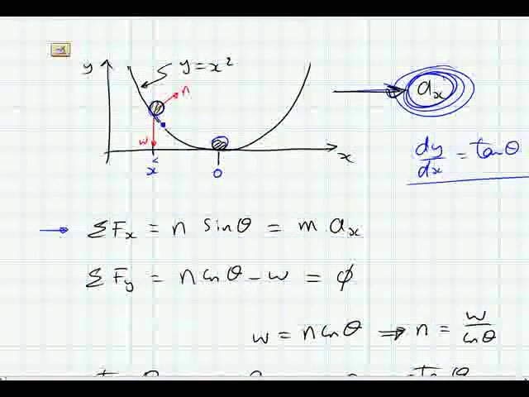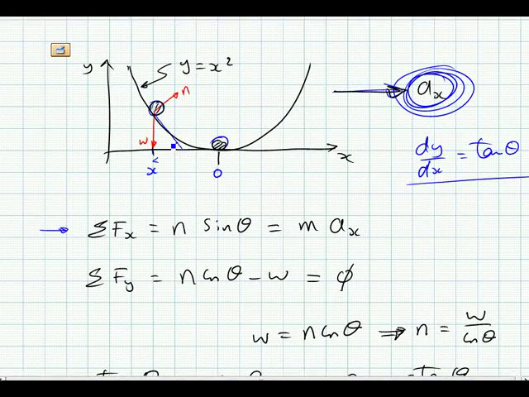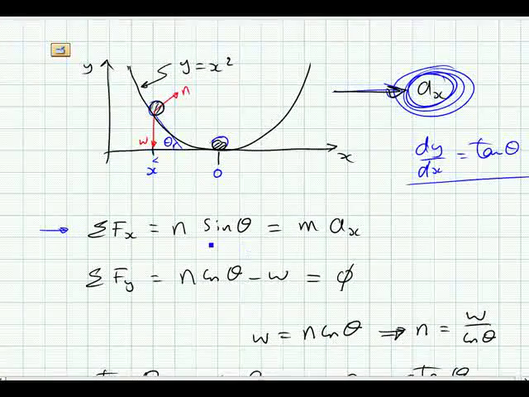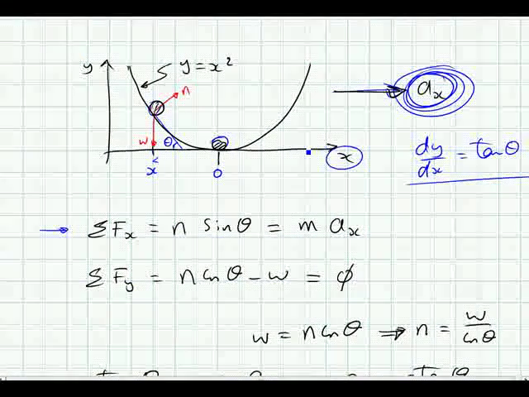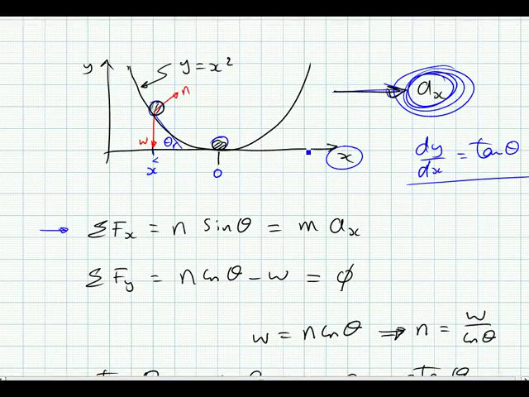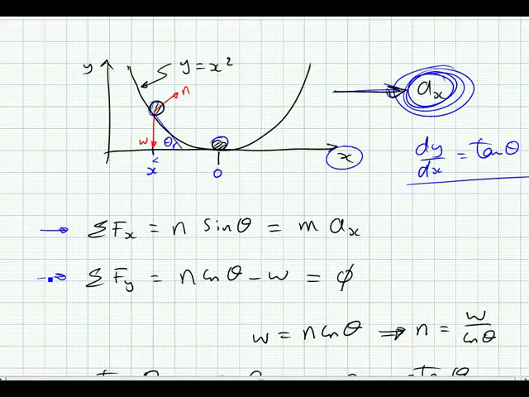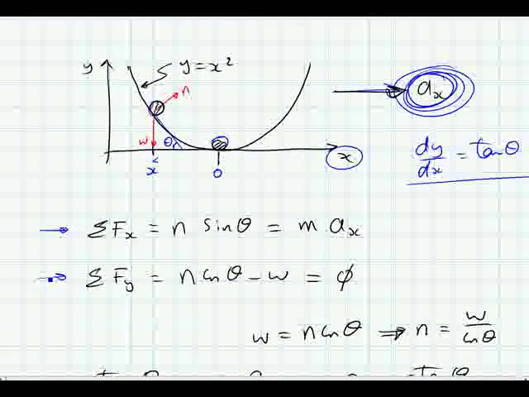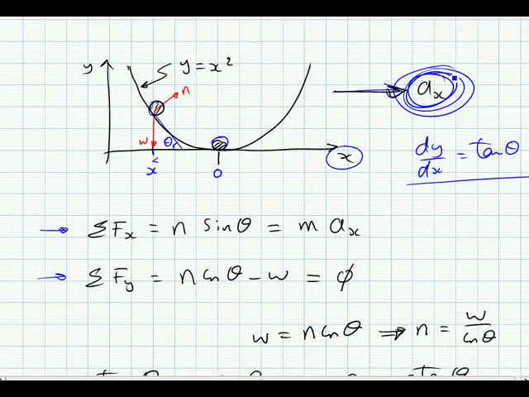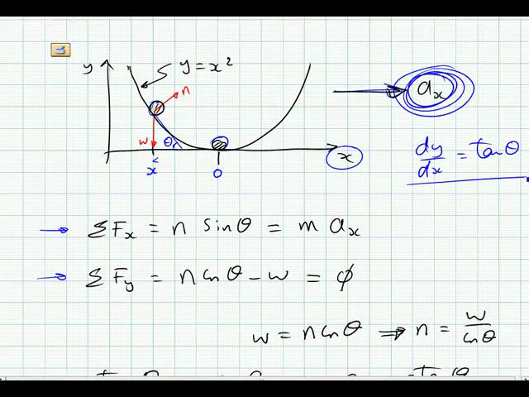Theta is actually the slope of this line here. So if you analyze this, you'll see that N sine theta is equal to m a_x. Now my x direction is parallel like that, and in the y direction I have N cos theta minus W is equal to 0, because the only acceleration that the object is experiencing is along the x direction.